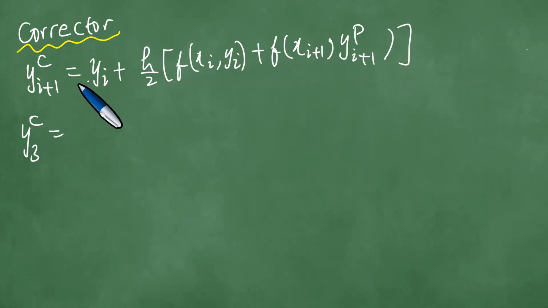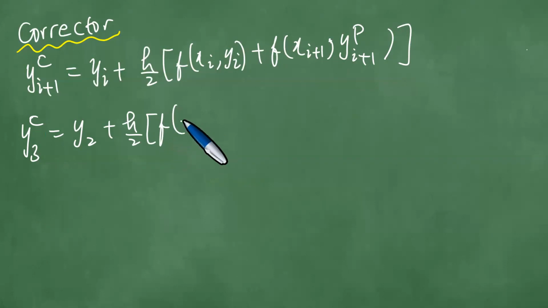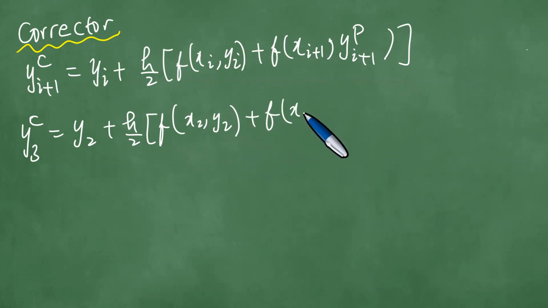So y3 means that it occurs when i is 2, h over 2. When i is 2, this is going to be 3, but this is going to be 2. So they're different.